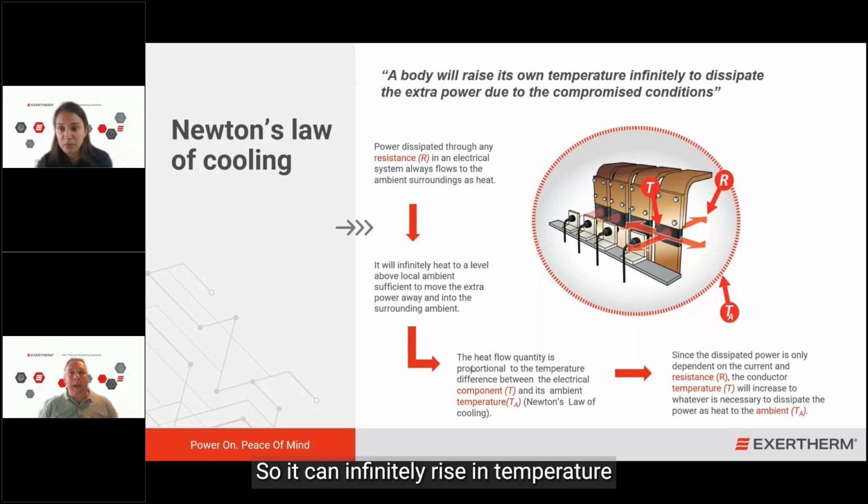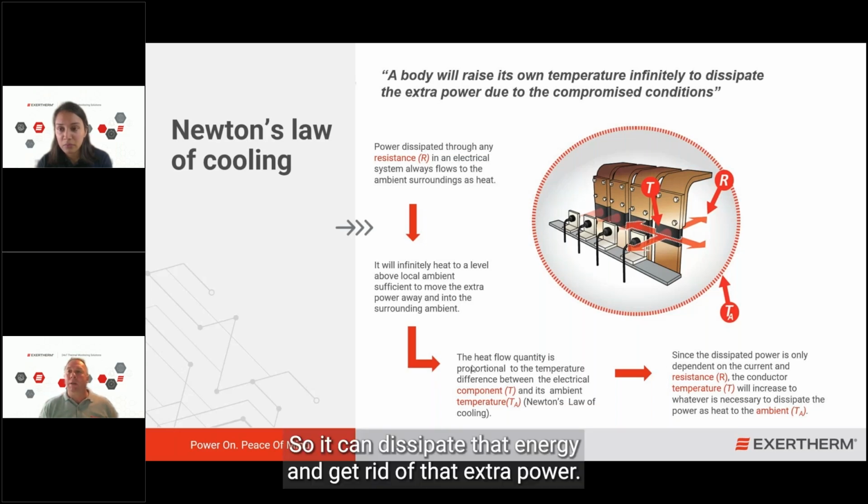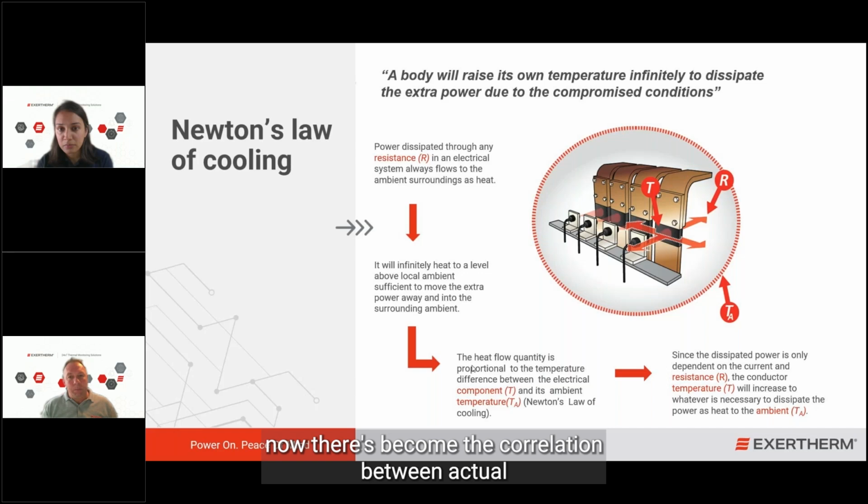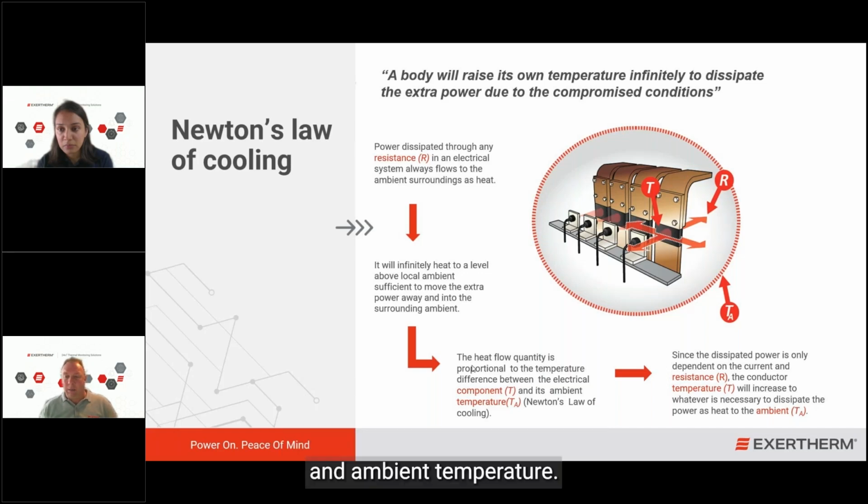So it can infinitely rise in temperature to a value above the ambient, so above that local ambient around the joint, so it can dissipate that energy and get rid of that extra power. So it can infinitely heat. That's rising above the ambient. So we can start to see now there's become a correlation between actual and ambient temperature.